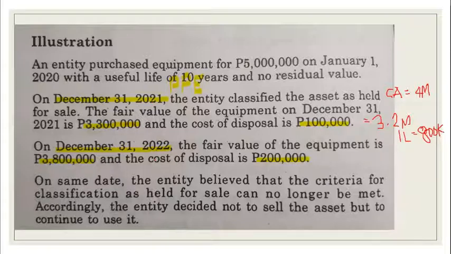During the period from December 31, 2021 to December 31, 2022, your asset was held for sale. Now, at this time, the entity decided not to sell it anymore. So, they reclassify it to PPE.